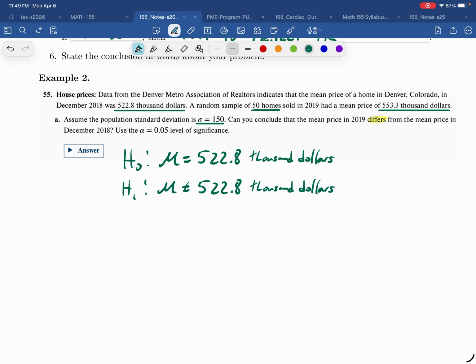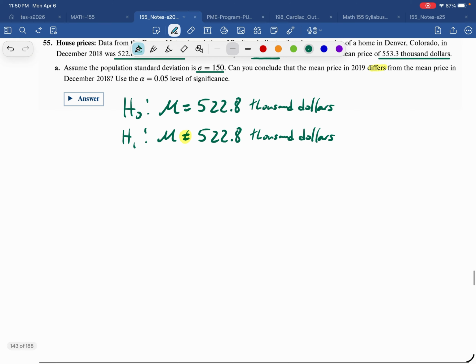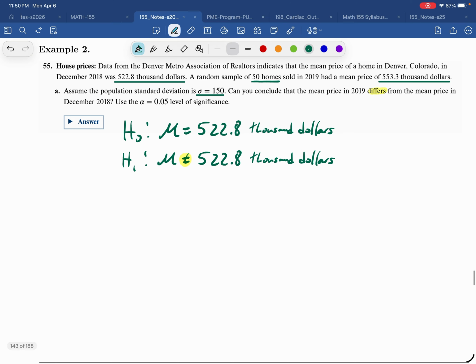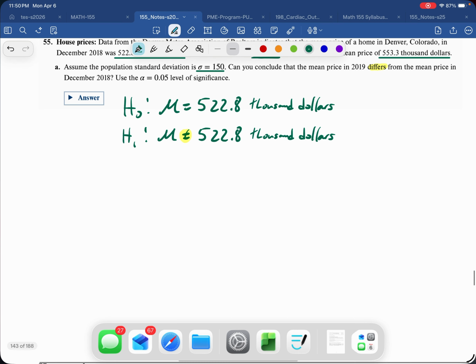Okay. If you see the word differs, then it doesn't mean less than, it doesn't mean greater than, it means not equal to. Okay? So at this point, we're going to say, okay, we have this. Find the standard error, find your z-score, etc.